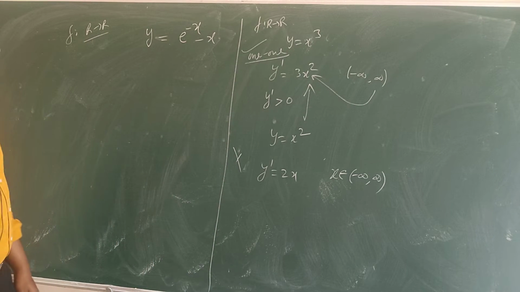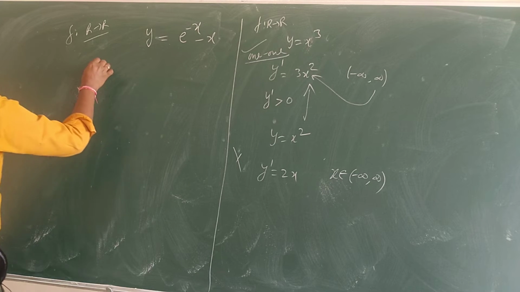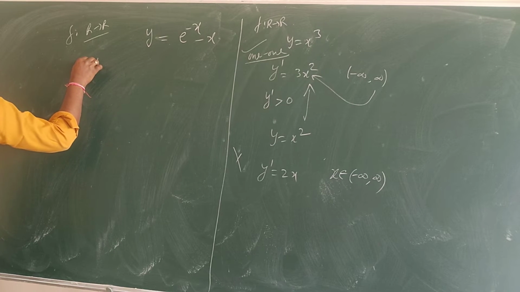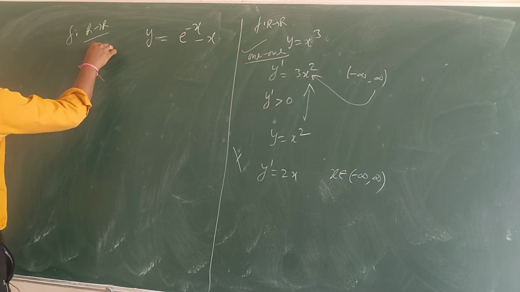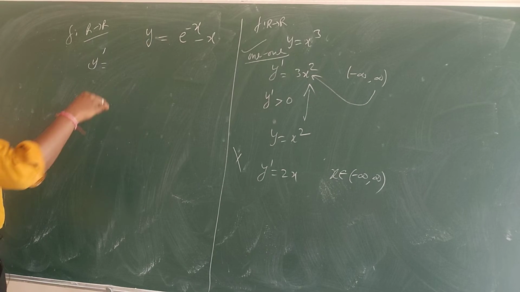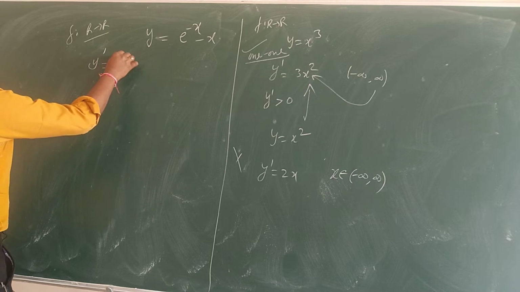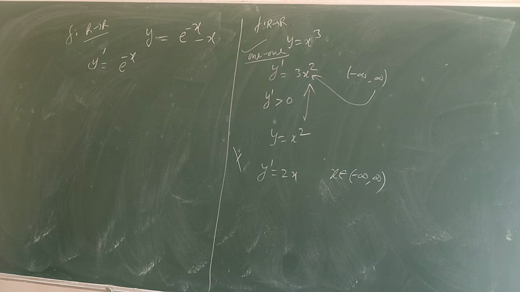Understand? Right. Now if I say this one, what is the differentiation of this function? y dash is equal to e power x differentiation, e power x, minus x differentiation, minus 1.